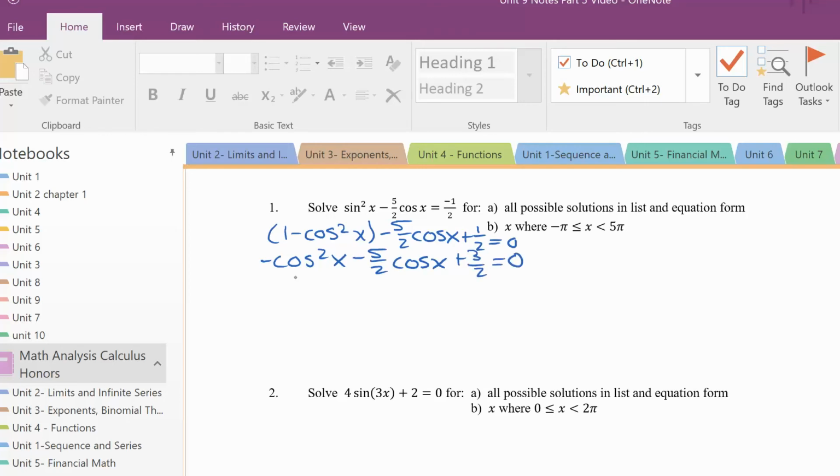And then you multiply by negative 2 to get rid of the negative and the fraction. So you get 2 cosine squared x plus 5 cosine x plus 3 equals, or sorry, minus 3 equals 0. Because remember, you're multiplying by negative 2.